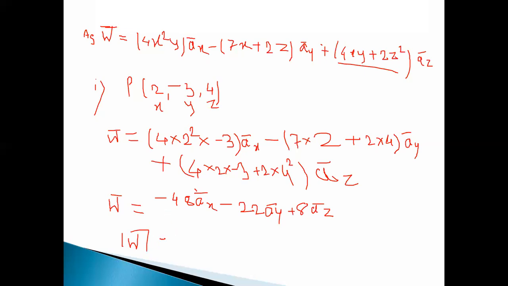So it is 53.404. Then you can find the unit vector as W bar divided by mod of W bar. A bar at point P, that is A bar P, is equal to solve that vector also.